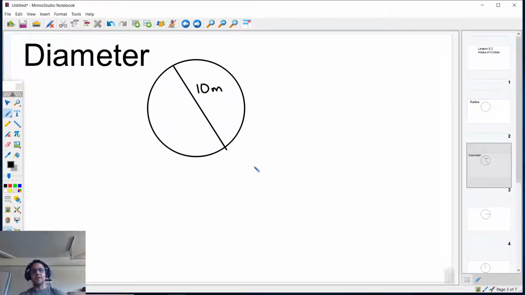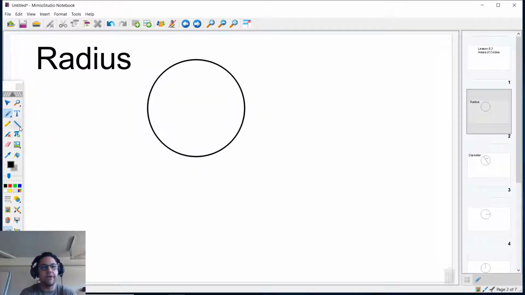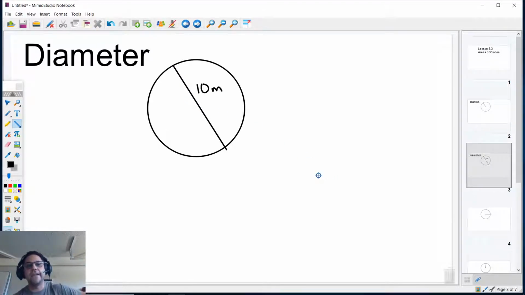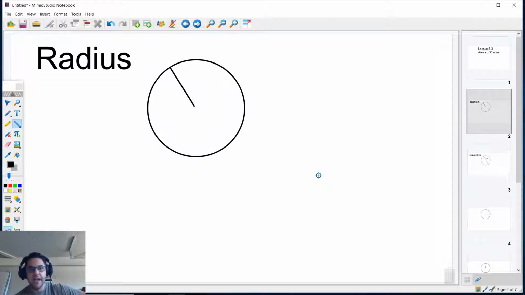Again, that's the distance all the way across. It's supposed to pass through the center. Mine might be just a little bit off, but again, just a quick sketch, you see diameter is that full distance. The radius, however, is not the full distance. It is only half the distance. So for example, if this is the same circle and you know your diameter is 10 meters, then we would say that our radius is simply 5 meters.